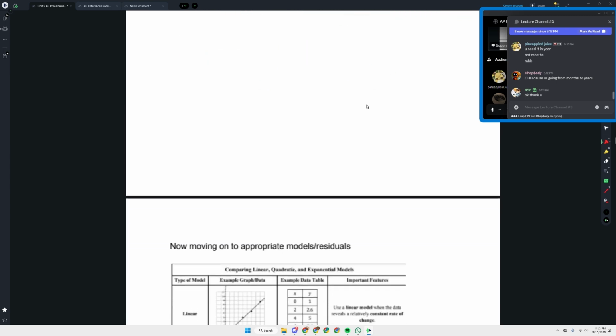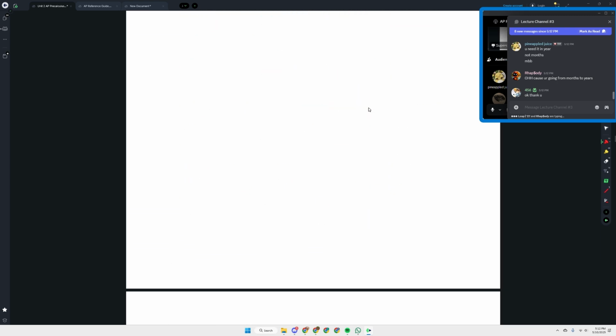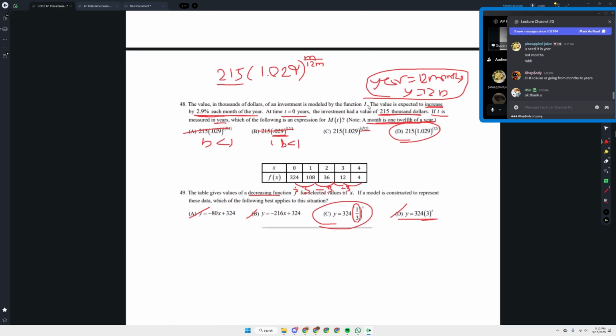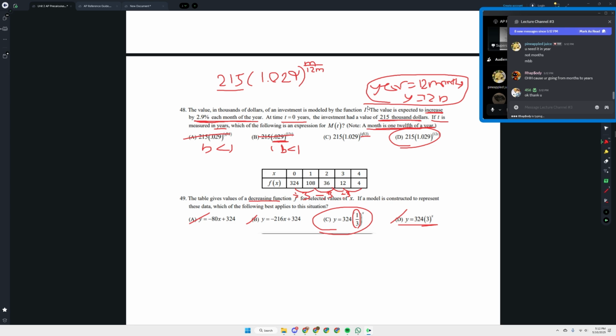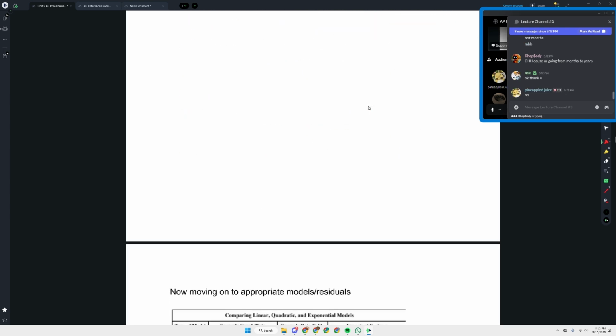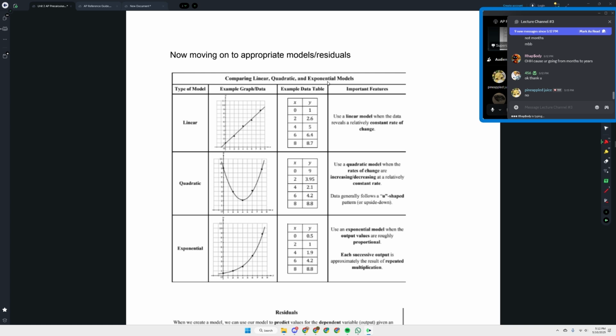Any final questions on this topic before we move on to appropriate models and residuals? Nope. Okay. So now, appropriate models and residuals. So first, they'll go over the 3 types of models because that's important to do. I think at the pace we're going, maybe another hour 30.